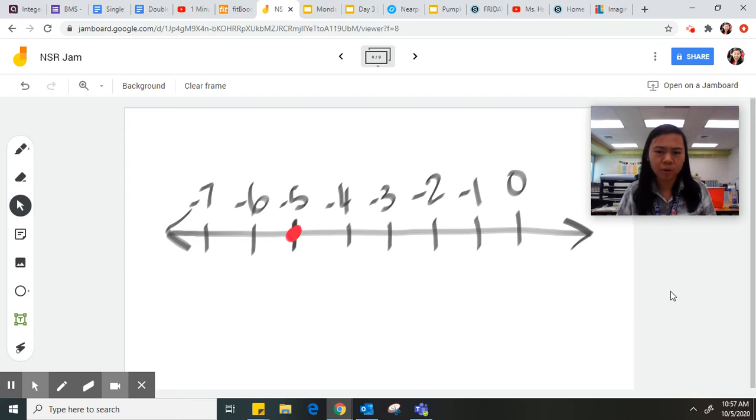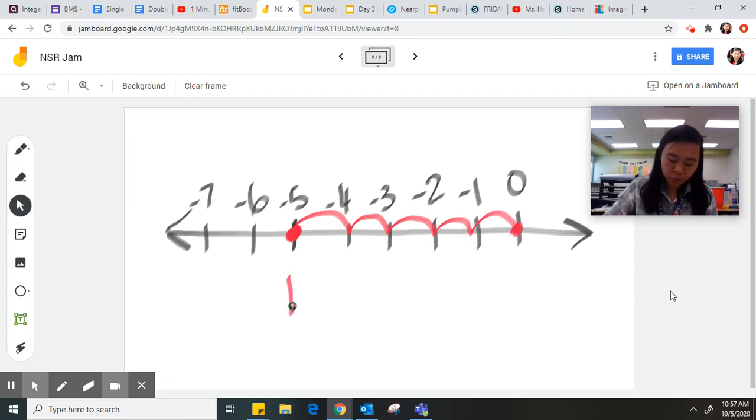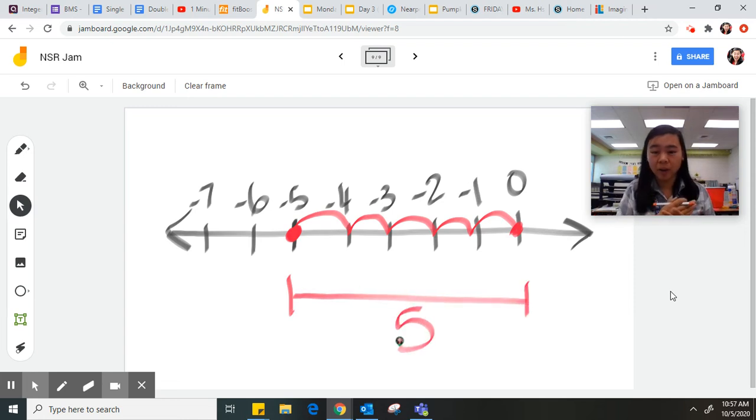Or in other words, how far away is that -5 from 0? Let's start at -5 and do some counting. 1, 2, 3, 4, 5. It is 5 steps away from 0. So the absolute value of -5, even though it's negative, that's okay. Absolute value is always going to be positive. It's how far away, what is that distance? Still 5 steps away from 0.